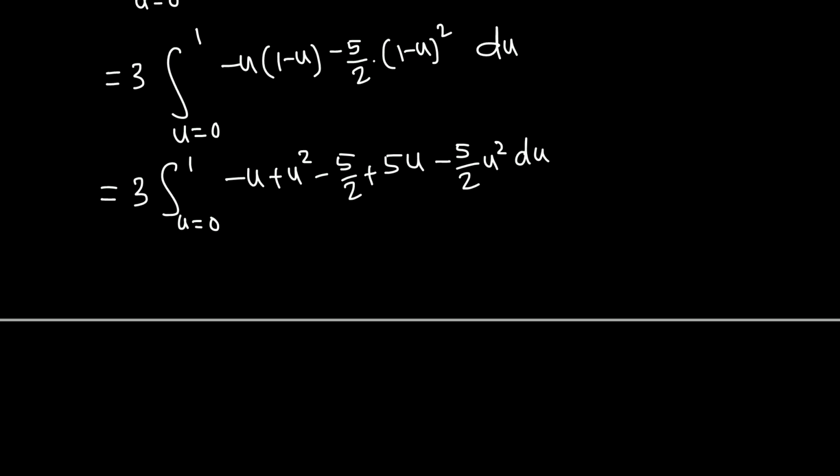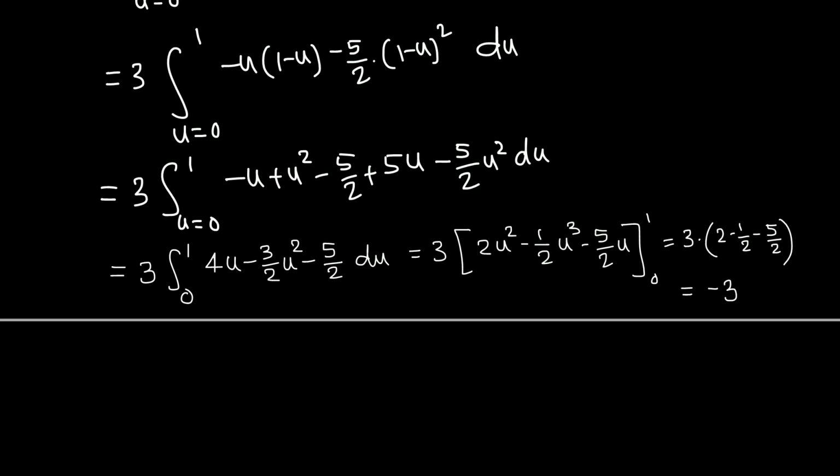We can combine, then integrate and plug in upper limit 1 and lower limit 0. It should not be that difficult now. Just combine like terms, integrate, then evaluate the upper and lower limits, pretty much calculus 1, and the final answer is negative 3.